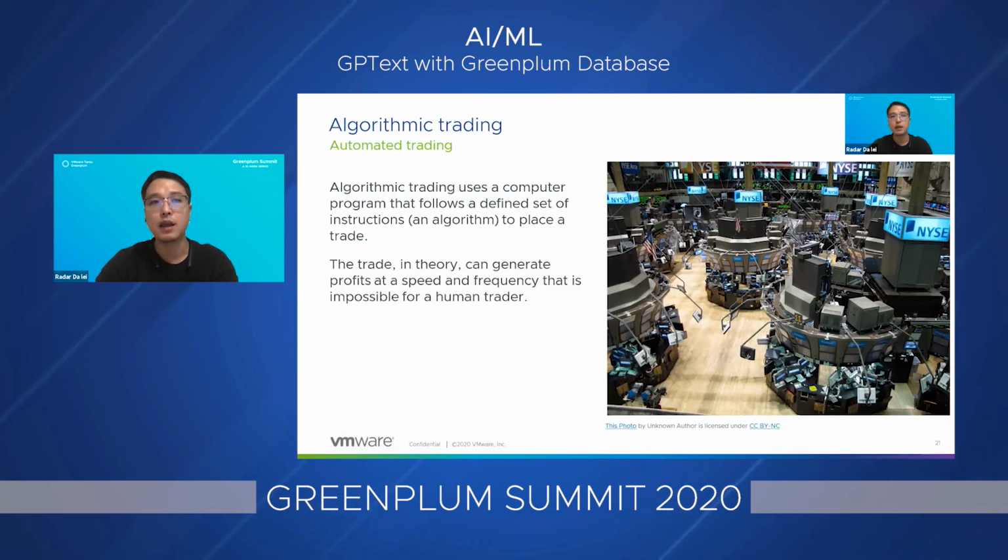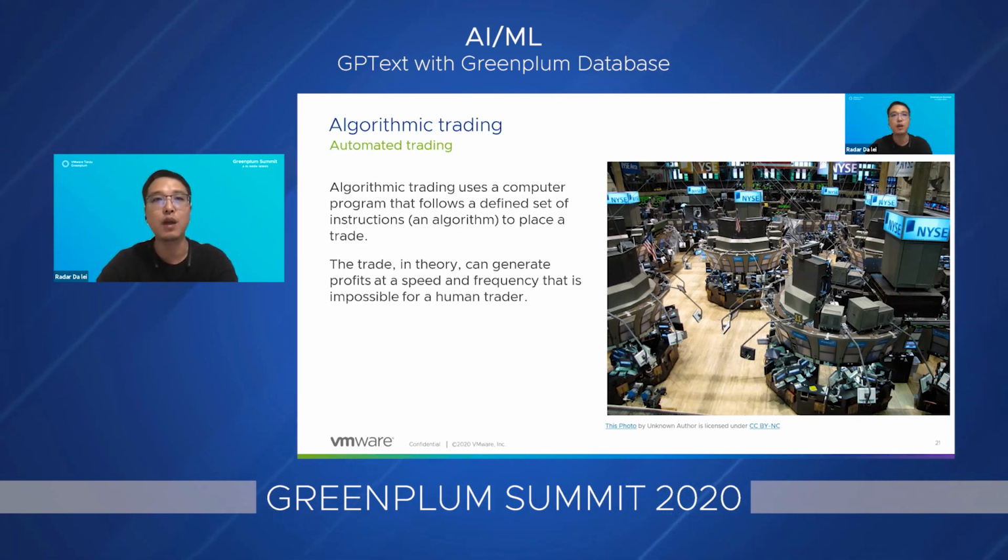Besides FIX, I guess you all heard about algorithmic trading. It's also called automated trading. The algo trading uses computer programs to trade stock shares as you designed. So it can find the best opportunity to buy or sell automatically.